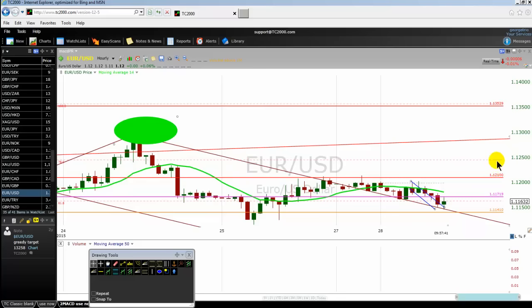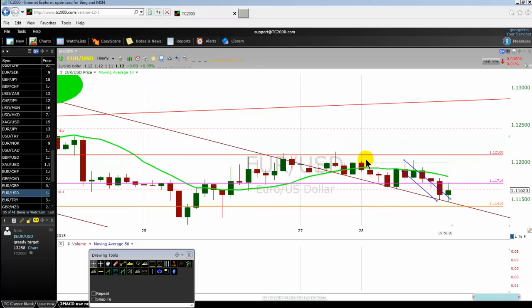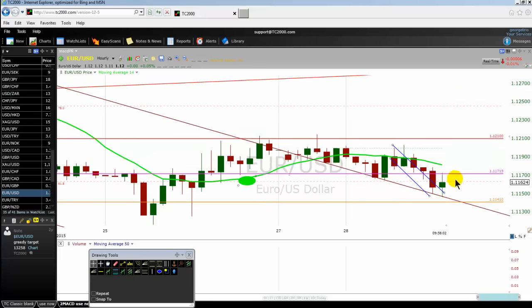For now, I leave it there. So something like 40 pips for this trade, not bad. 40 pips is not bad.